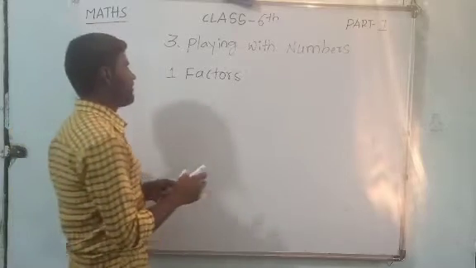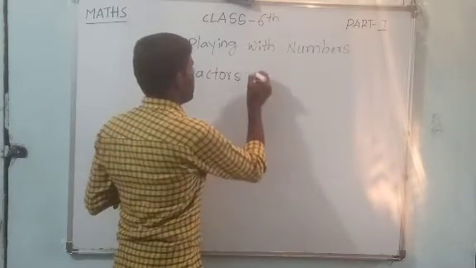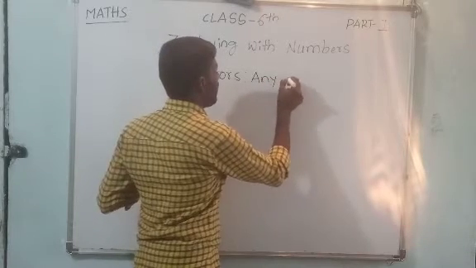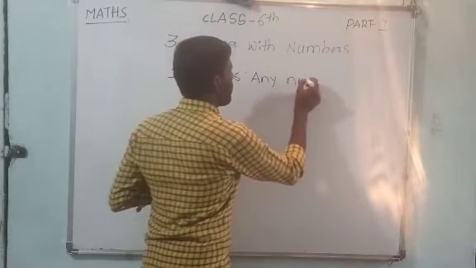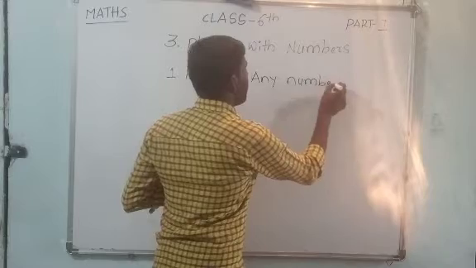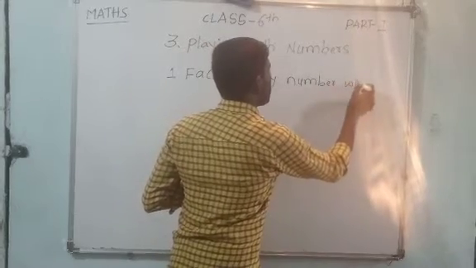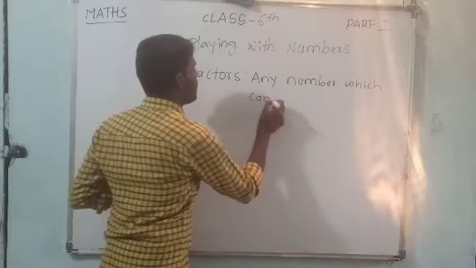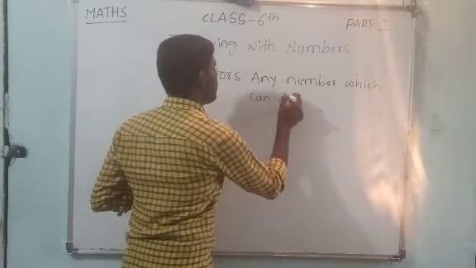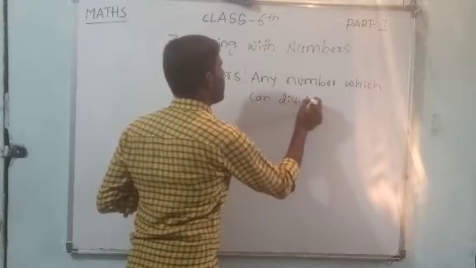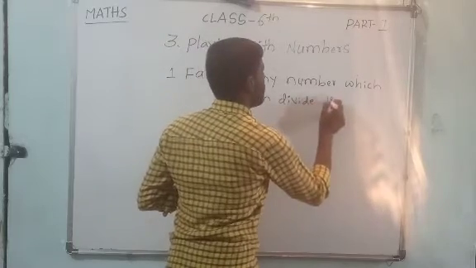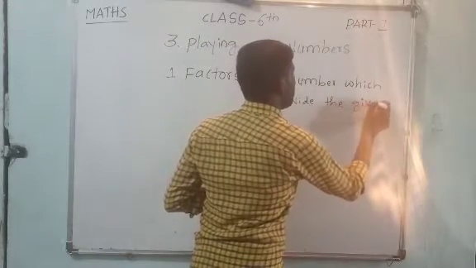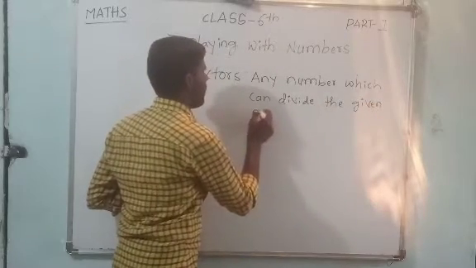The definition of a factor is any number which can divide the given number.